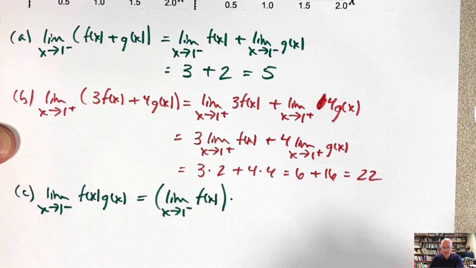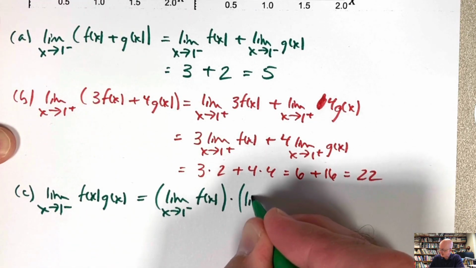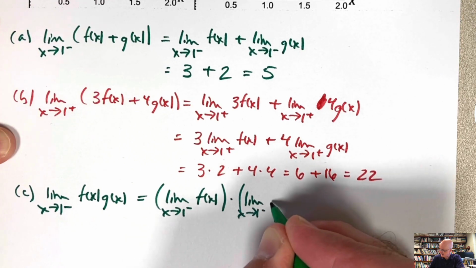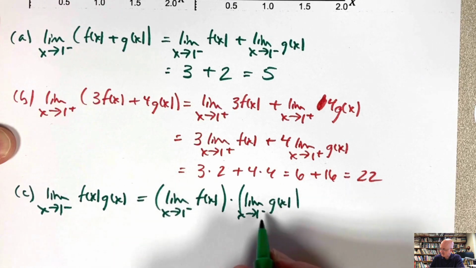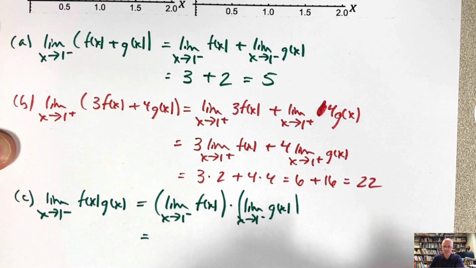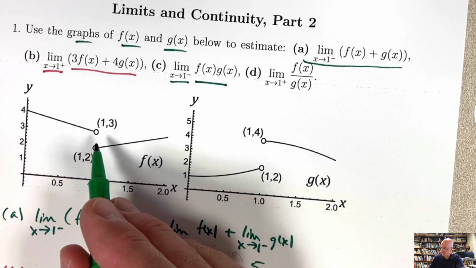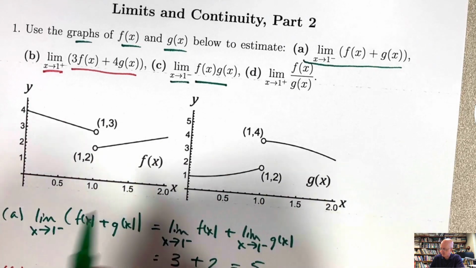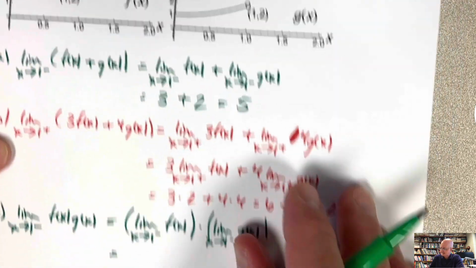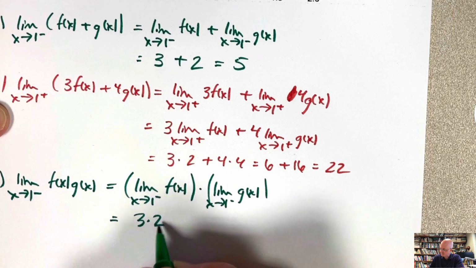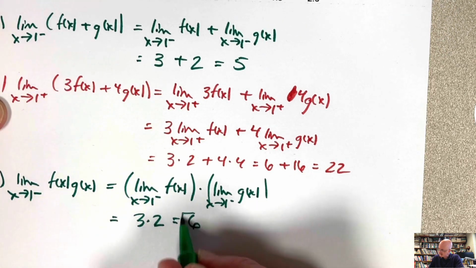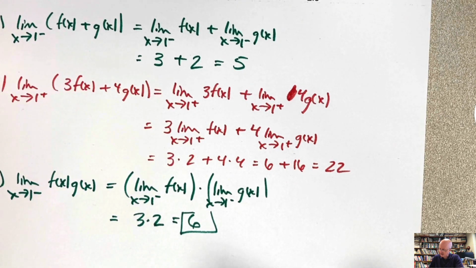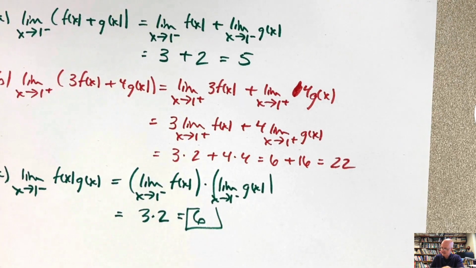This limit, if it exists as a number, and this limit, if it exists as a number, and the limit of the product here is the product of those two limits. And again, coming back up here, the limit of f is 3 and the limit of g is 2 as I approach 1 from the left. So this becomes 3 times 2 equals 6. Yeah, 6 is going to be the answer there. On to part D.